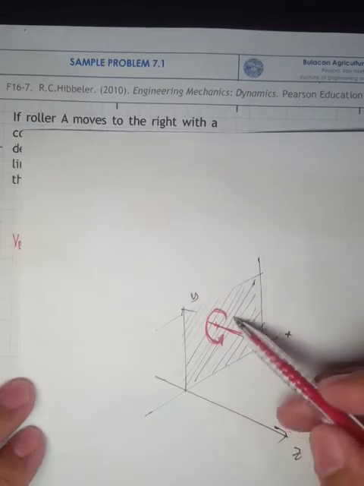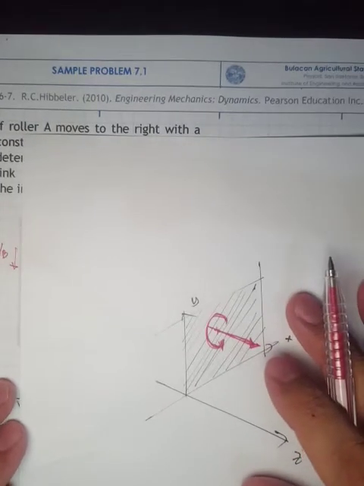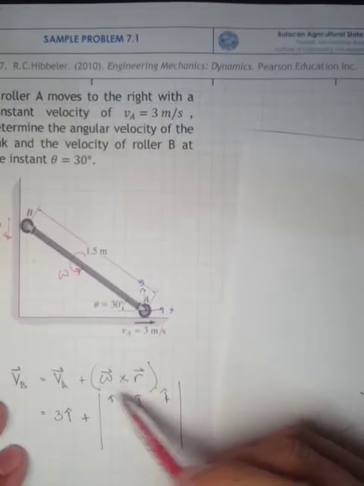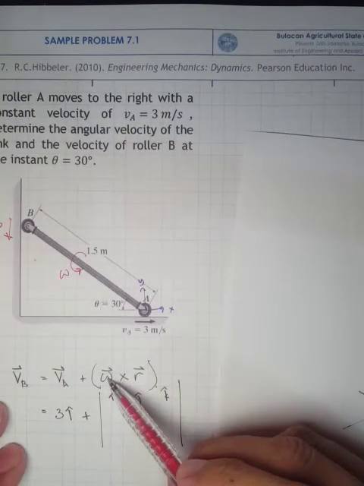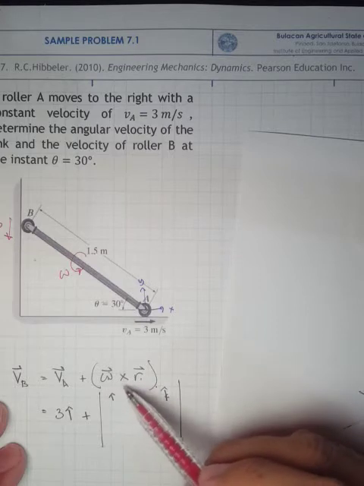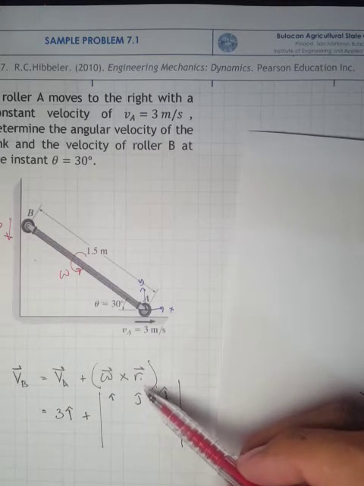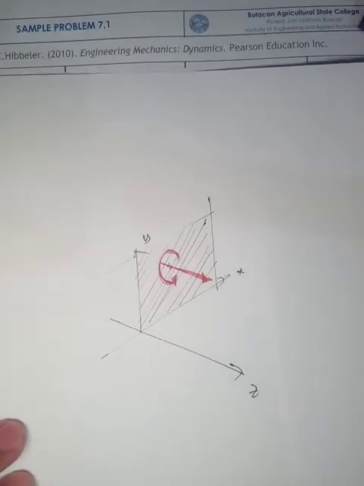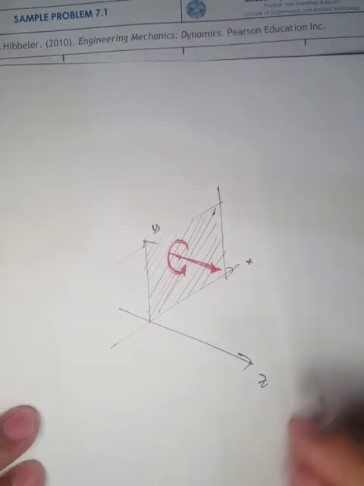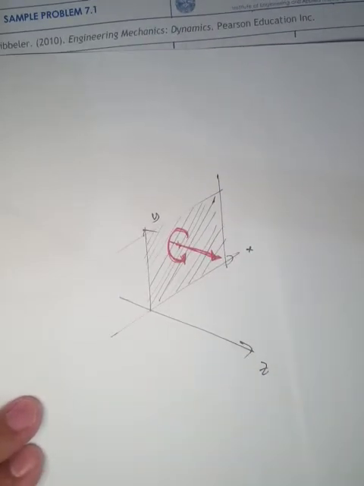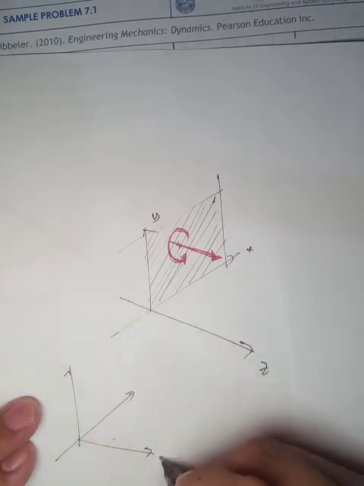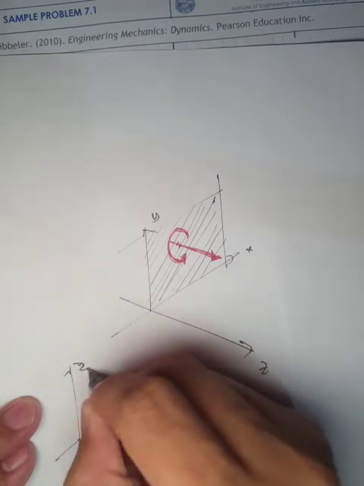So if the rotation is counterclockwise, then the vector is along the positive z-axis. Recall that when a vector is multiplied by another vector in a cross product, what we get is another vector, but that vector is out of plane. For example, this is our x, y, sorry, z.